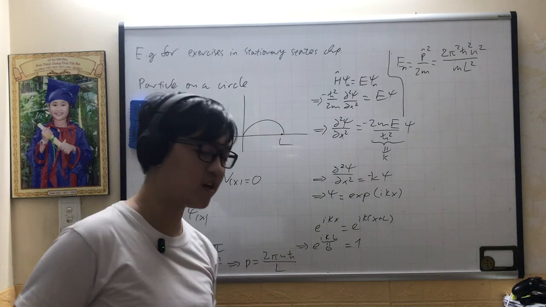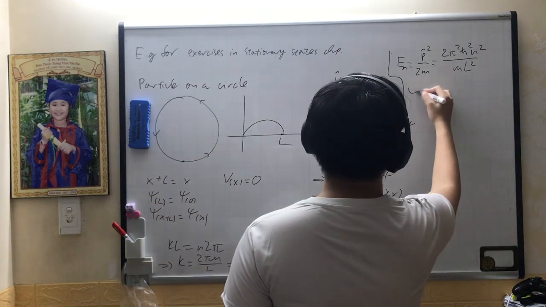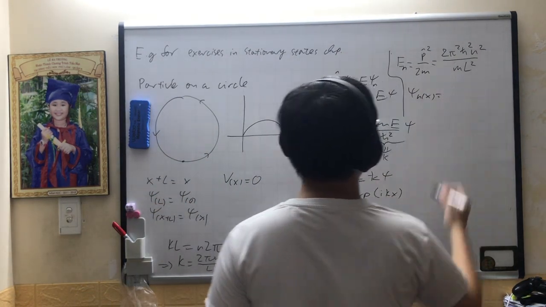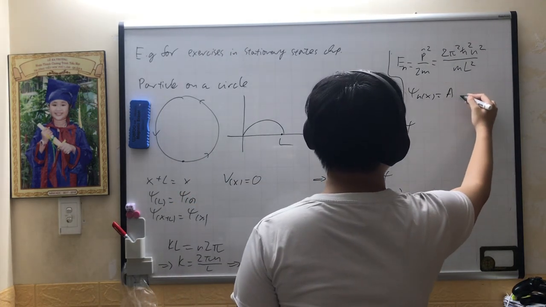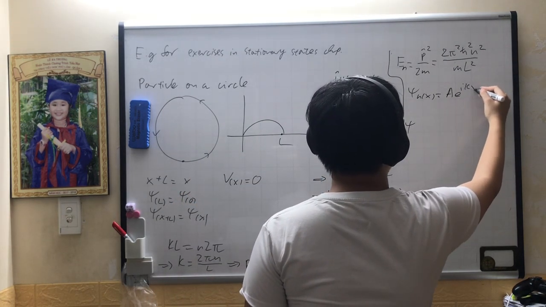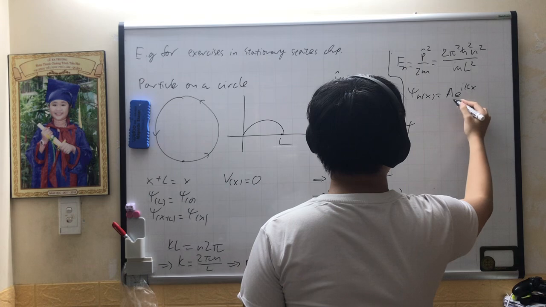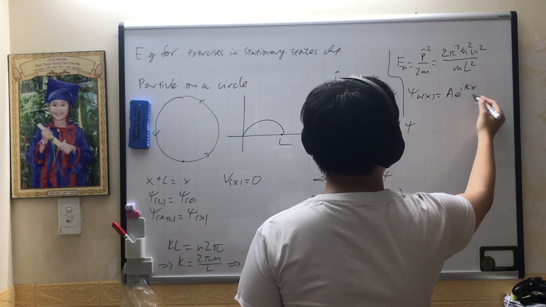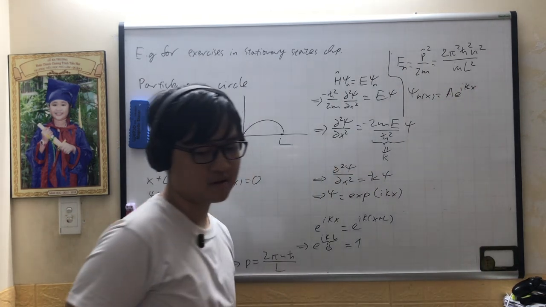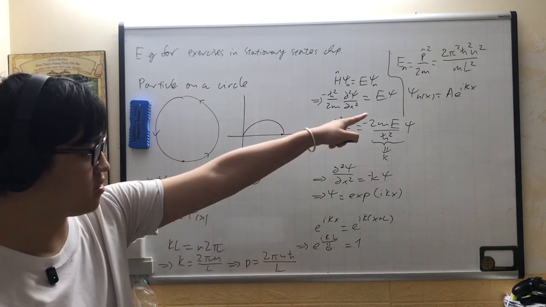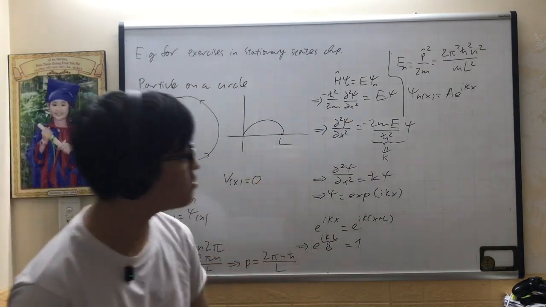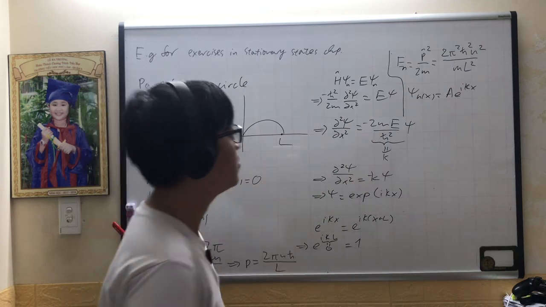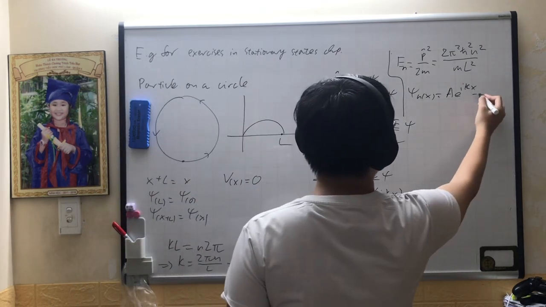I forgot to do that, apparently. So now your psi would take the form of a normalization coefficient and the exponential part. We take the exponential part equal to 1, so your psi would only equal A.